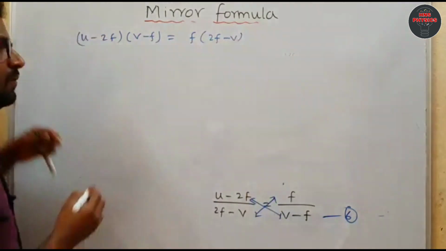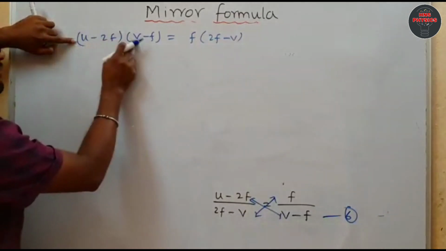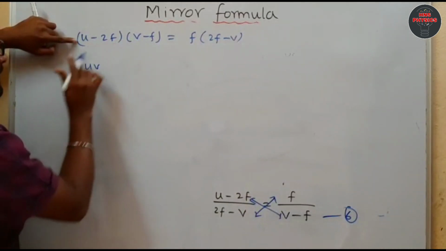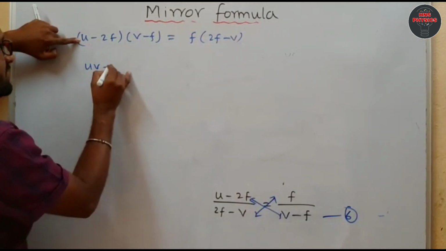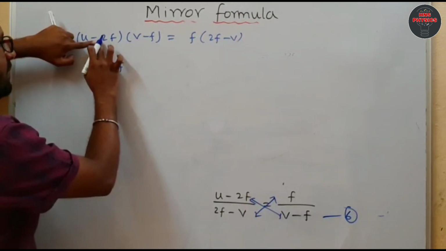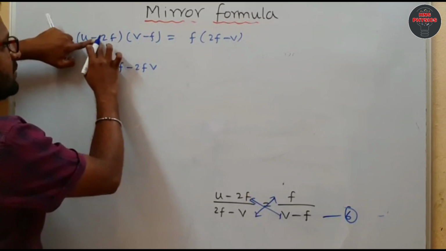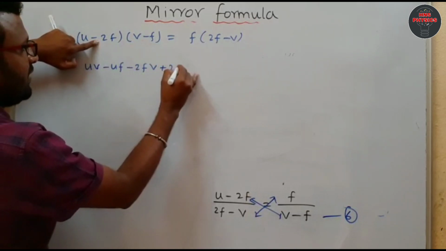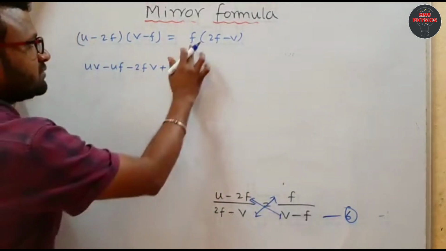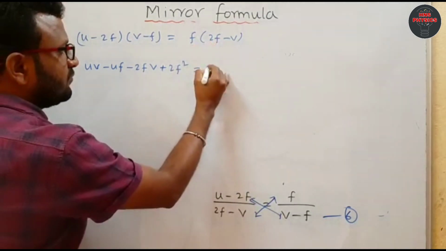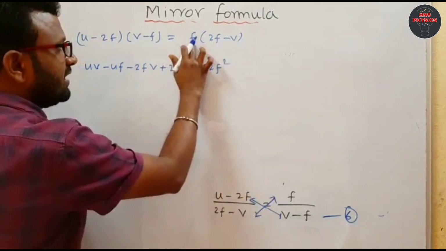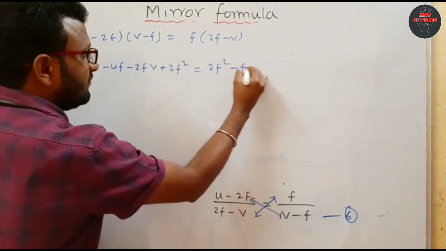Now multiplying: uv minus uF minus 2Fv, minus into minus plus 2F square. On the right side, F into 2F square and F into minus v, that is minus Fv.